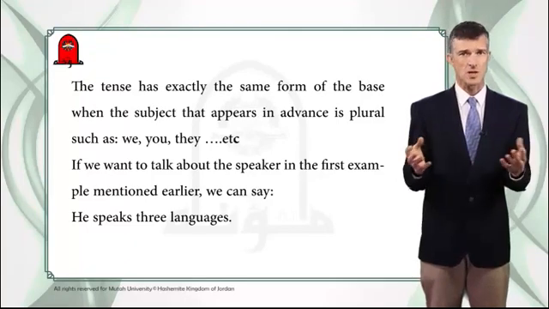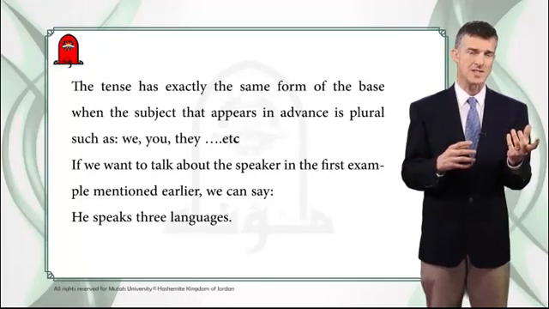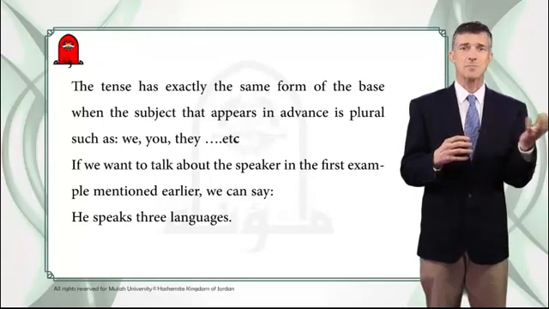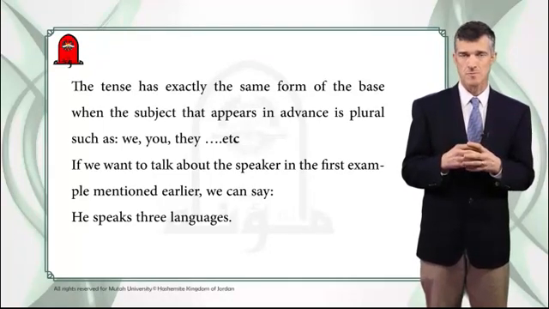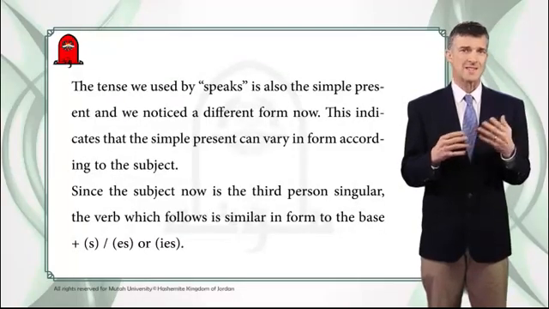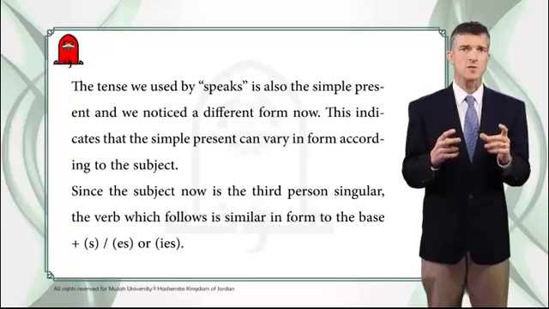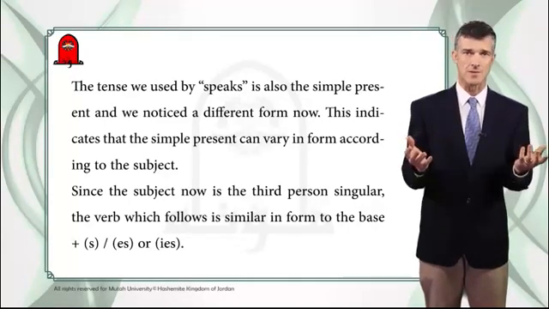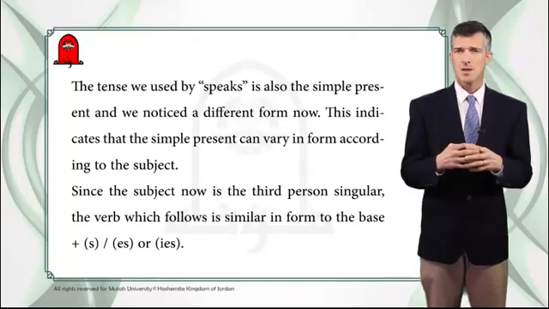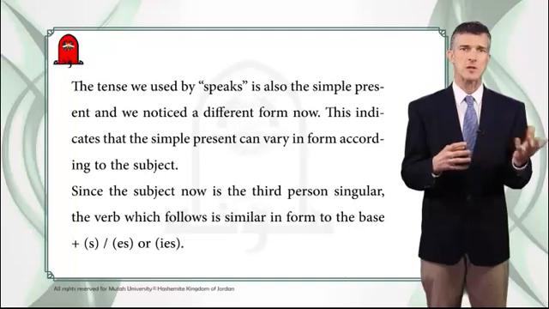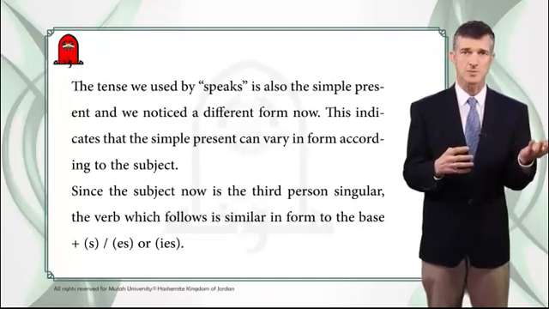But if we want to talk about the speaker in the first example mentioned earlier, we can say, he speaks 3 languages. The tense we use by speaks is also the simple present, and we noticed a different form now. This indicates that the simple present can vary in form according to the subject.